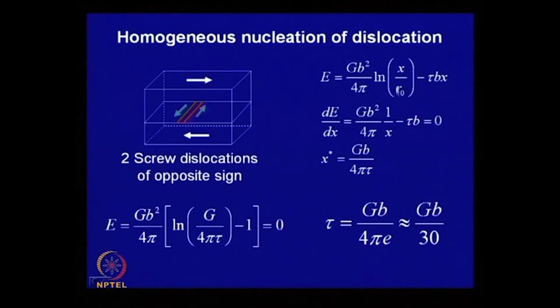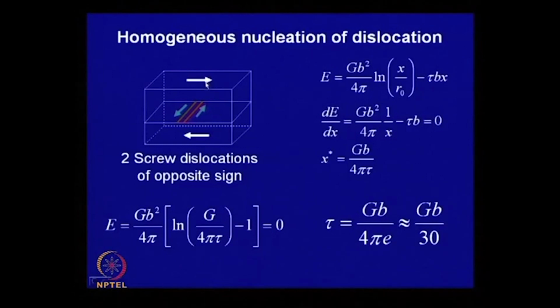We can assume that the core size is of the order of the Burgers vector b. This is the elastic stored energy of the dislocation. Now, subtract the work done to separate or create the dislocation.